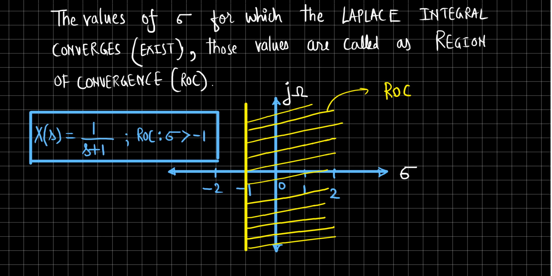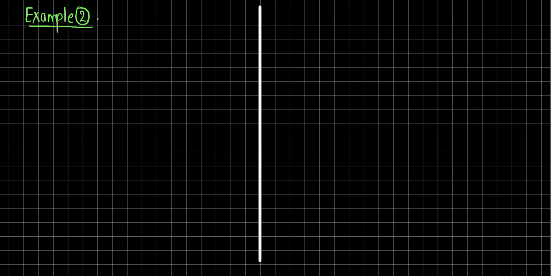Let's take another example. Say for example, this x of t, let it be minus e power minus t u of minus t.